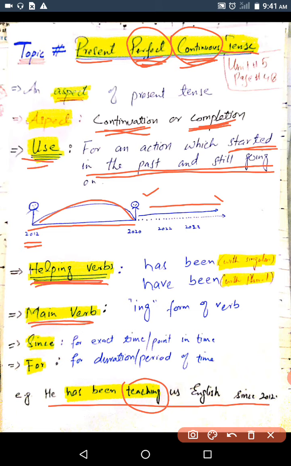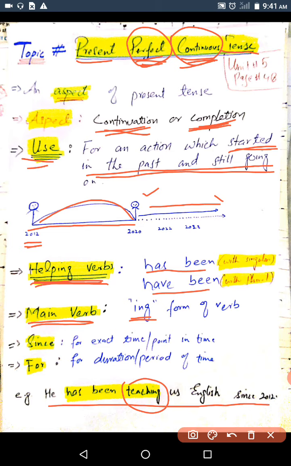If you know these two things, you know the whole tense. So in this tense, has been and have been are used as helping verbs. Has been is used with a singular subject and with he, she, it, and have been is used with a plural subject and I, we, you, they, etc. And the ing form of the main verb is used.